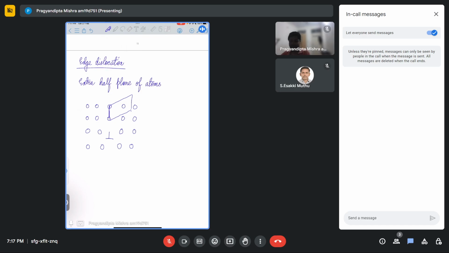Okay, so your line vector, your U, for this dislocation line is in this direction.